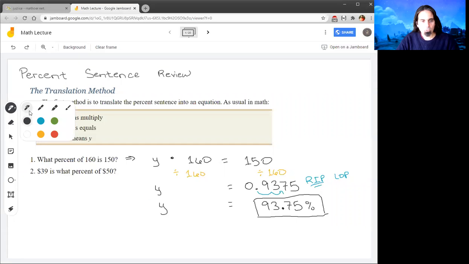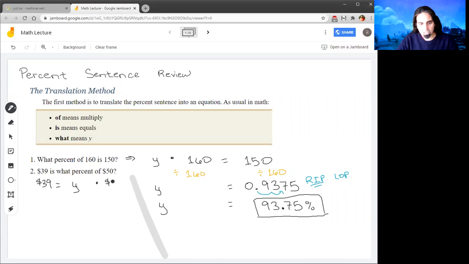We also could do $39 is what percent of $50? The numbers stay the same. Is becomes equals. What percent becomes y. Of becomes multiply. Numbers stay numbers. Again, we have something attached to our letter with multiply.